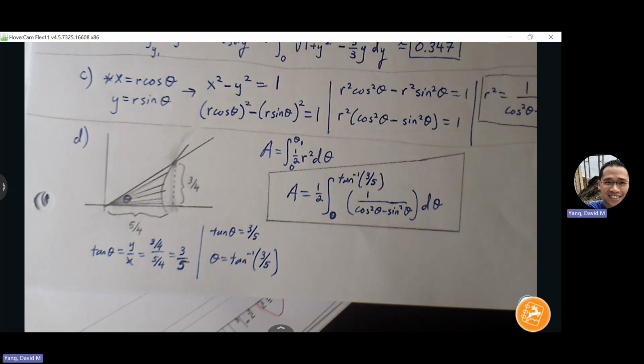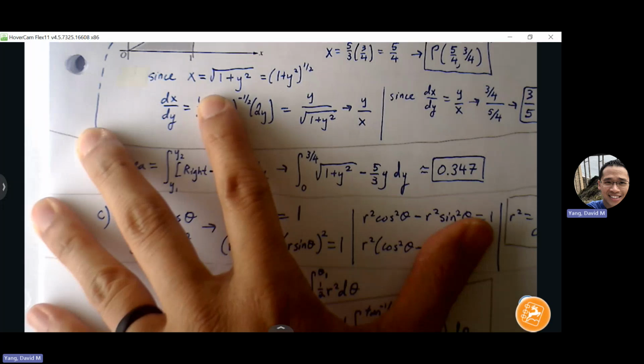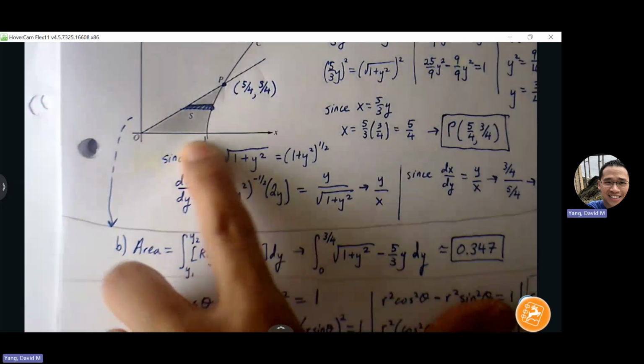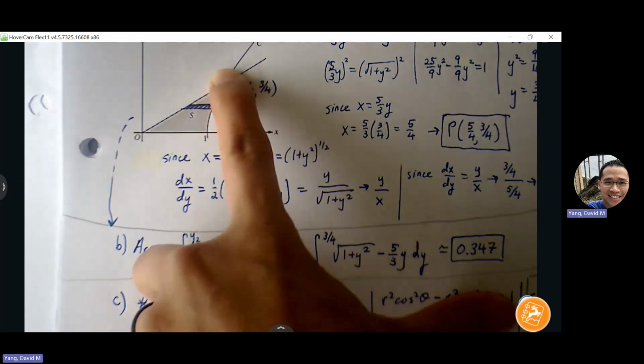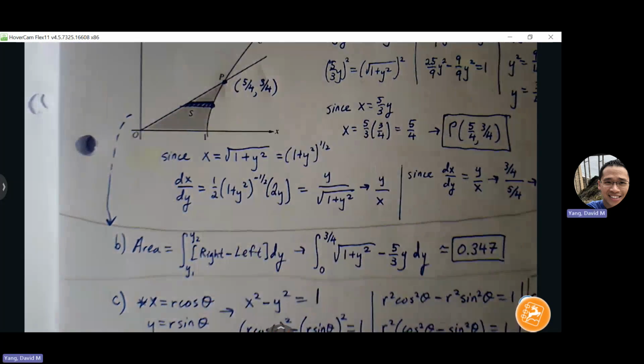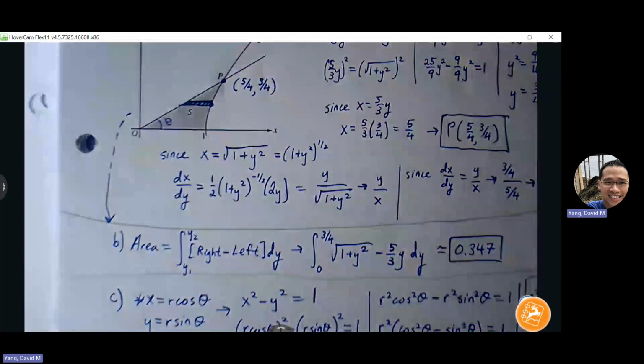How do you know it starts at 0? Well, because it's on the x-axis. The shaded region starts on the x-axis and it extends to this line here. On some polar area problems, I've seen it hasn't started there. If you can find an example, then we can talk about it.